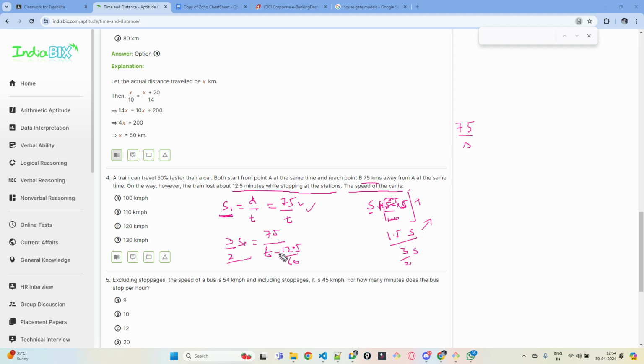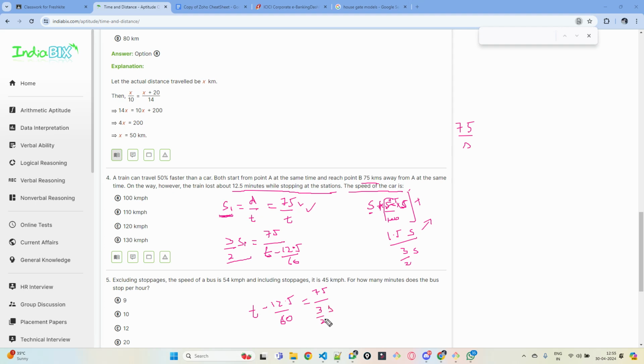It takes 12.5 minutes less than the car, so car time minus 12.5. Take the complete thing to this side, so t minus 12.5 divided by 60 is equal to 75 divided by this 3 by 2 s that has come down.